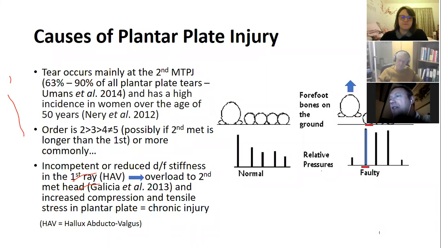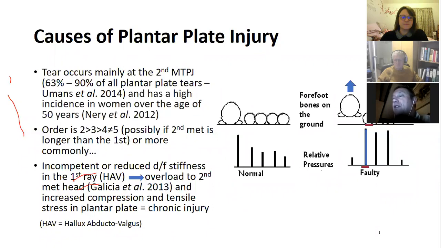And which one is left to bear all that push-off weight, or lots more of it? The second. The third and the fourth certainly, but mostly the second. And so second MTPJ plantar callus is quite common here. And so basically increased compressional stress, increased tensile stress can, after a long time, lead to a chronic injury in that plantar plate.